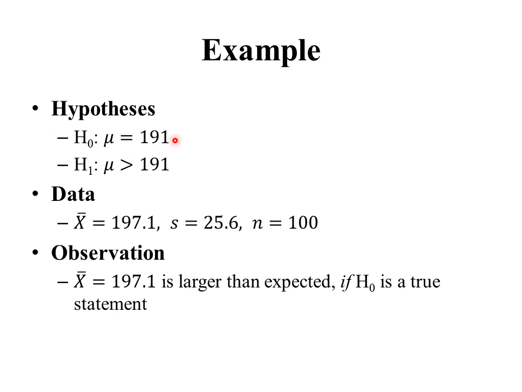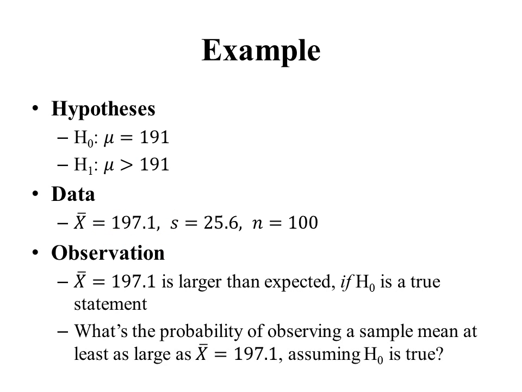And then we're going to ask ourselves, well, if that were true, what's the probability of observing a sample mean as big as what I got? Okay. So that's the question that we want to ask. What's the probability of observing a sample mean at least as large as 197.1, assuming the null hypothesis is true?